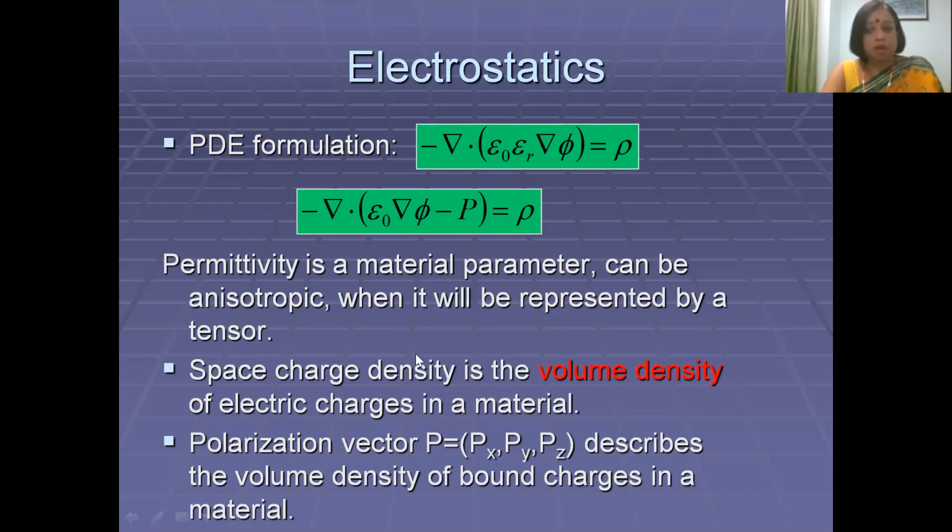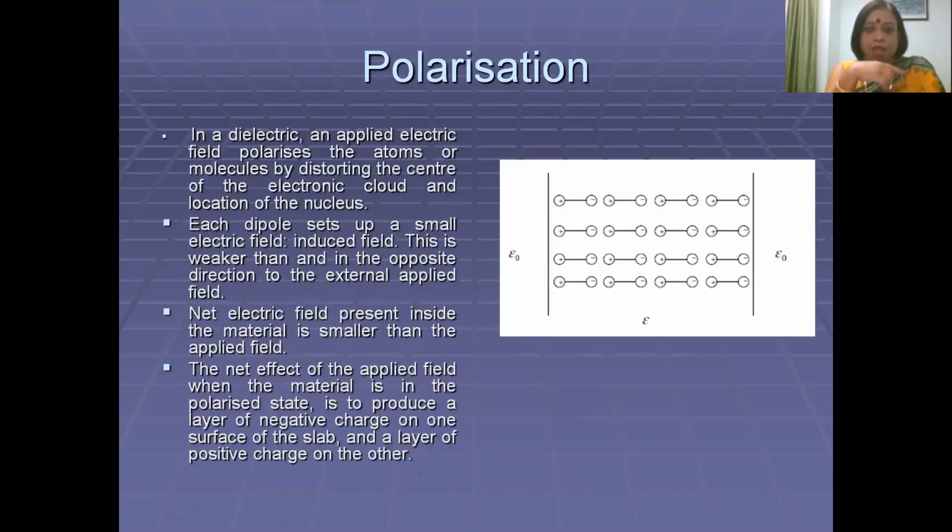You choose one or the other. In fact, I think this question came up in the interaction with Professor Raju as well. As engineers, we are interested in the net effect, so we are interested in permittivity. However, if you are designing a new material, for example, when we work with nanodielectrics, in that situation, P might be important.